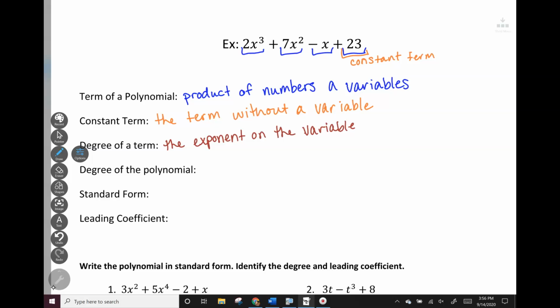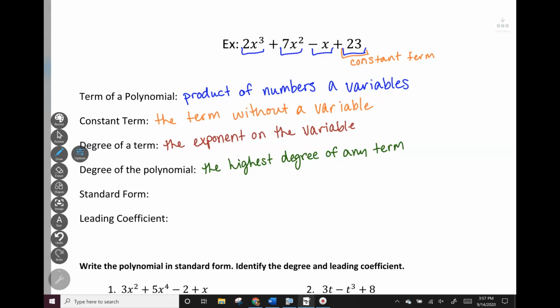The degree of a polynomial is the largest degree of the polynomial, so whatever the largest exponent is. The largest or highest degree of any term.